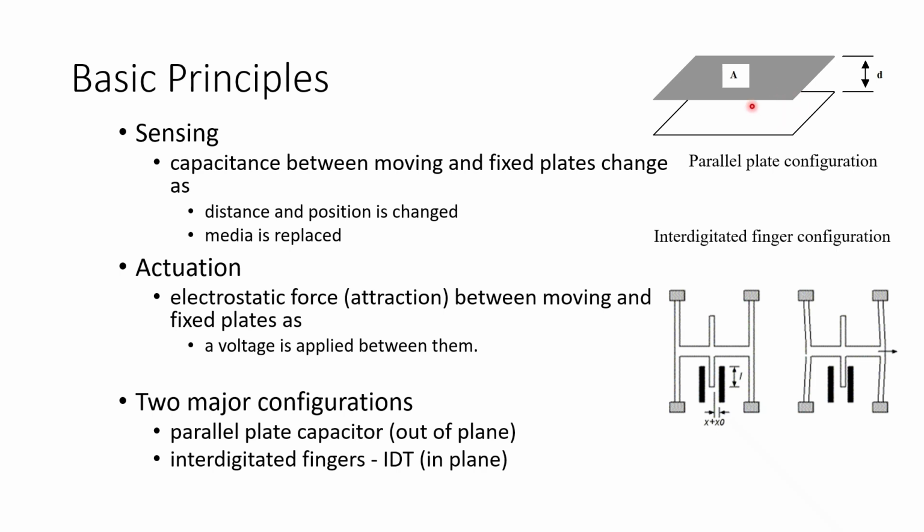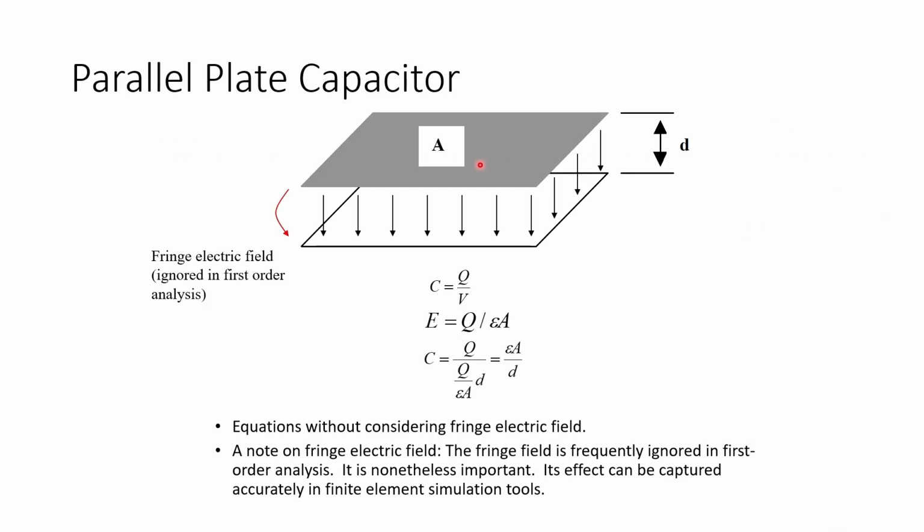So you can use it either as a parallel plate or you can use it as interdigitated fingers, IDTs. The IDTs use the capacitors on the sidewall. We'll mostly be focusing on the parallel plate capacitor. For the parallel plate capacitor, the capacitance is equal to the stored charge divided by the voltage.